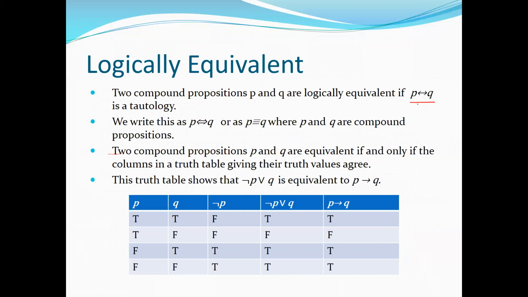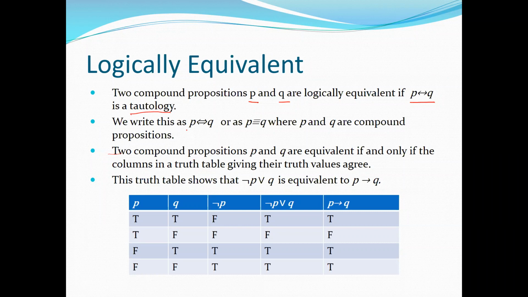So we say two compound propositions P and Q are logically equivalent if the bidirection of P and Q is a tautology, meaning it always gives you the true result. We'll prove it and discuss more about it.